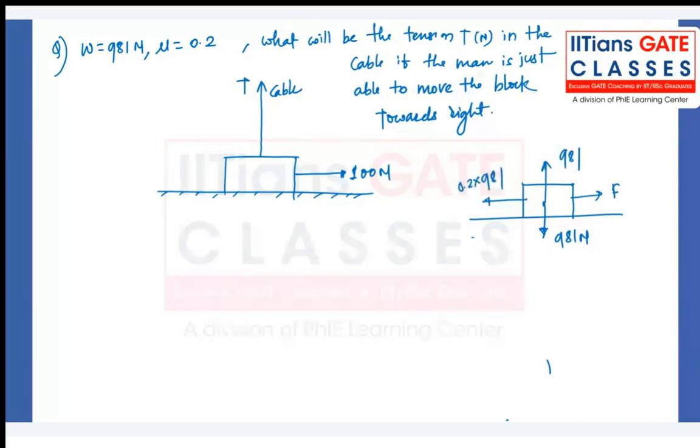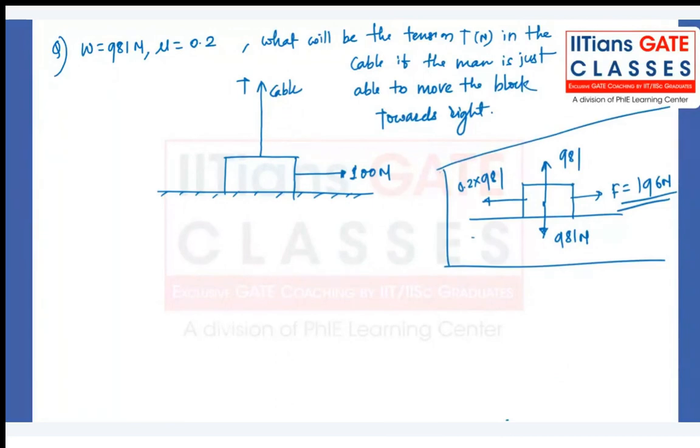So the value of F in that case is 196 something. 196 Newton close to. So you can imagine if it is a block without this cable, we need 196 Newton force. But in this we are attaching a cable, and that is helping us to give partial support. So we don't need 196. You don't have to apply 196 Newton force in order to move the block towards right. 100 Newton force is sufficient.